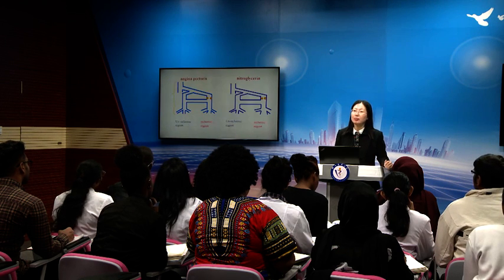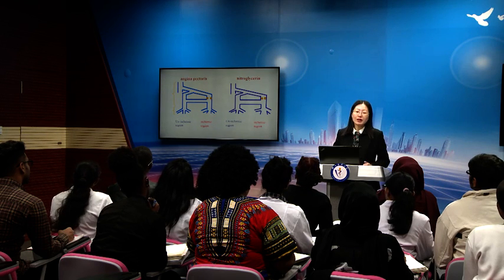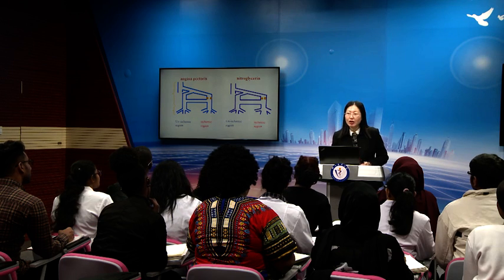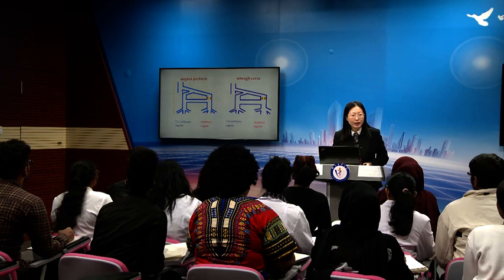So we use this picture to explain this again. For some reason, the patients may have sclerosis or spasm, and here is the ischemic region.